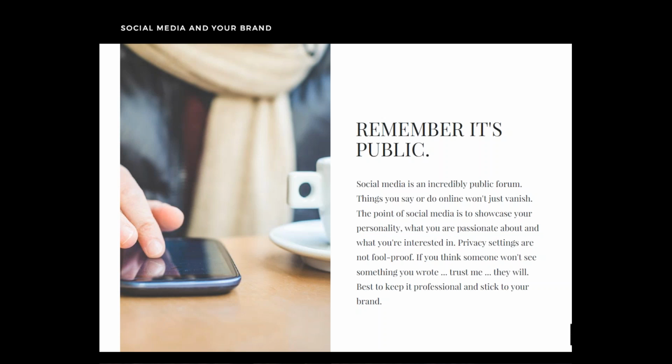If you think someone won't see something you wrote, trust me, they will. They will find it one way or another. There are screenshots. You see it all the time with celebrities who will write something awful and regret that decision, but by the time they've decided that they don't want to put that out there, it's already been screenshotted and shared hundreds of times.